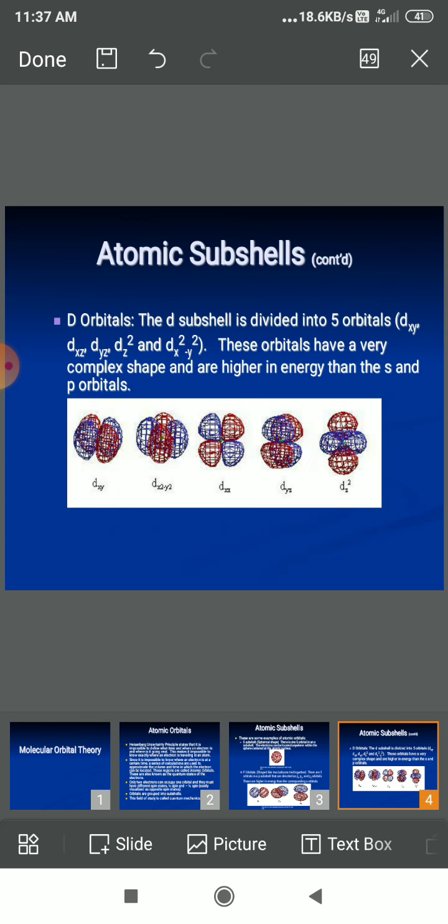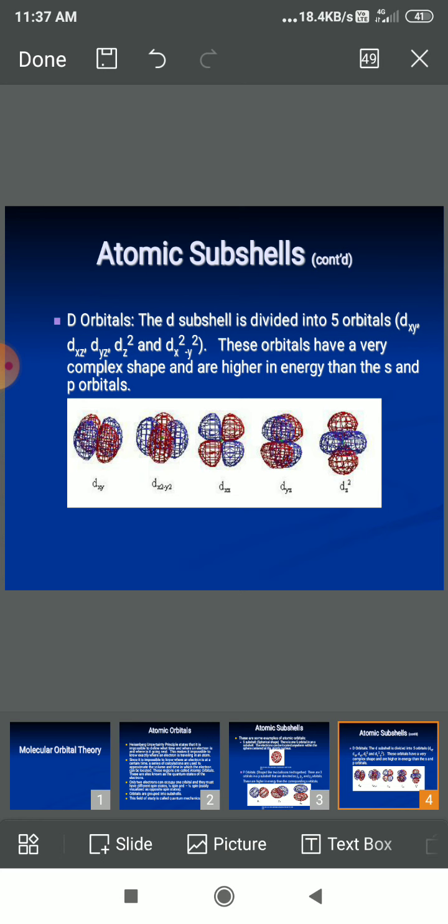There are three diagrams given as follows for px, py and pz orbitals. Atomic subshells. d orbitals. The d subshell is divided into 5 orbitals: dxy, dxz, dyz, dz2 and dx2 minus y2.